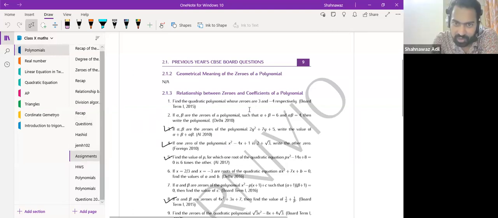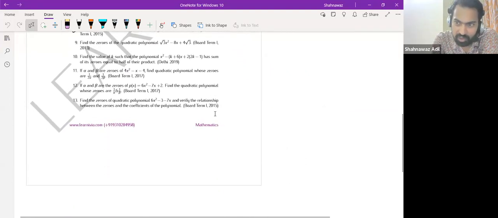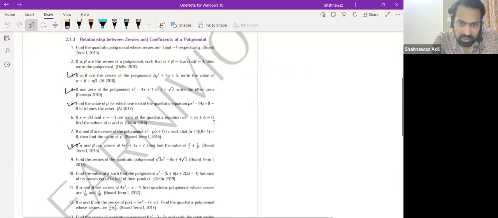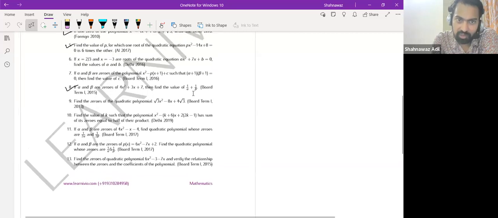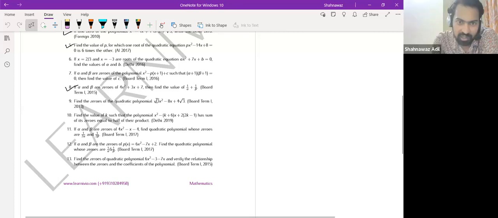We also have the other question about the relationship between zeros and the coefficients. That would be in the quadratic equation. What is this question? This one, the eighth question, right? The eighth and the seventh one, the fifth one, and the 11th and 12th ones also.